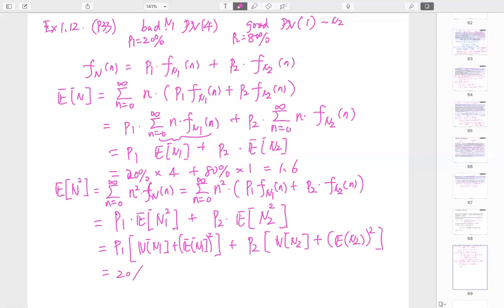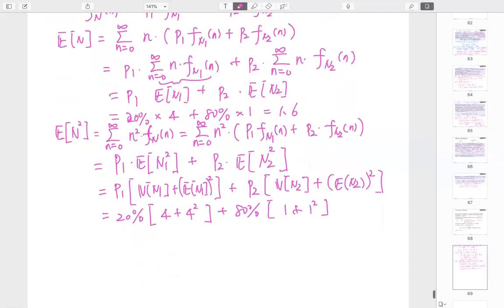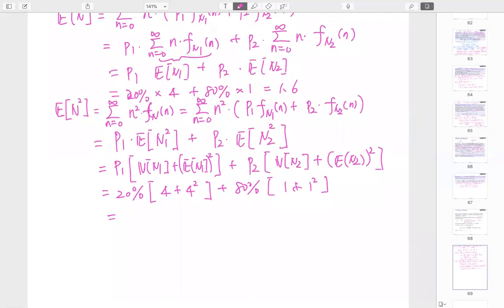So it's 20% times (4 plus 4 squared) plus 80% times (1 plus 1 squared). So the value is 5.8. So now my variance is this minus 1.6 squared, which is roughly 3.04.